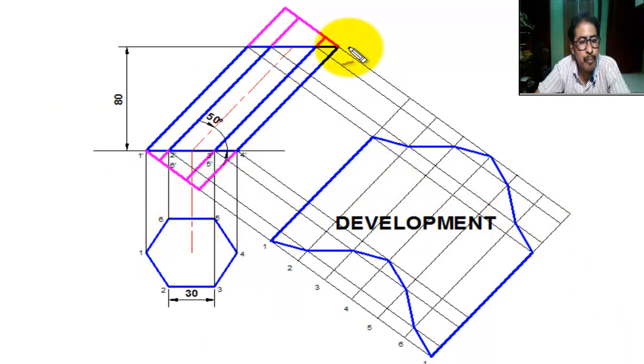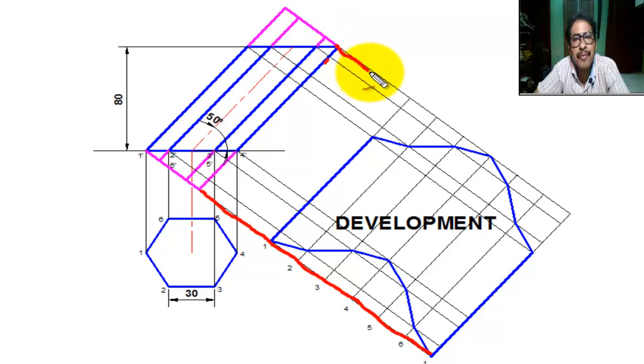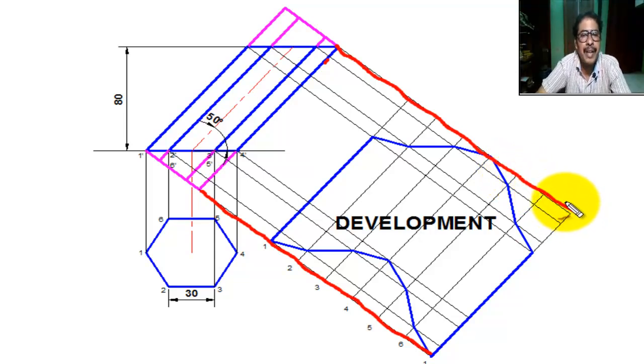Now from this point and from this point, draw the perpendicular to this line. From this point, draw perpendicular line, perpendicular to this line. From this point, draw perpendicular to this line.